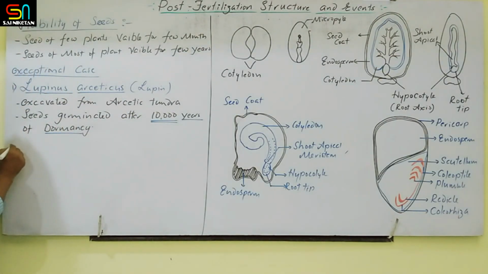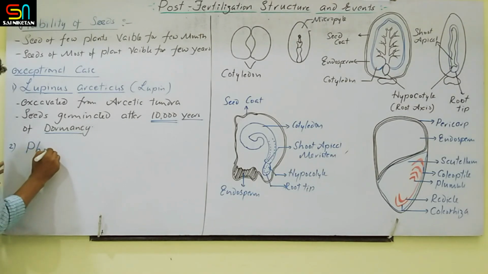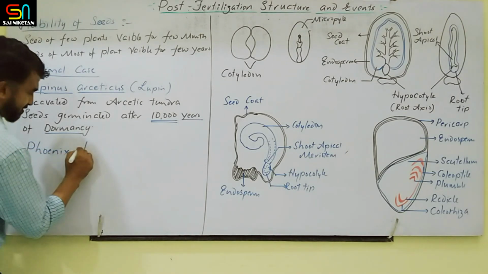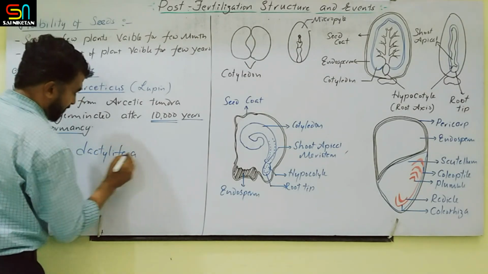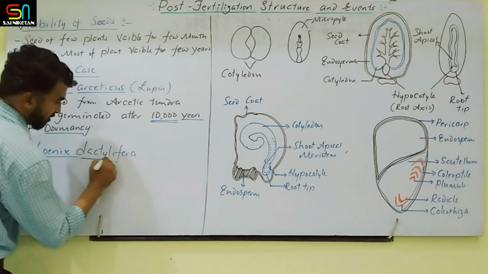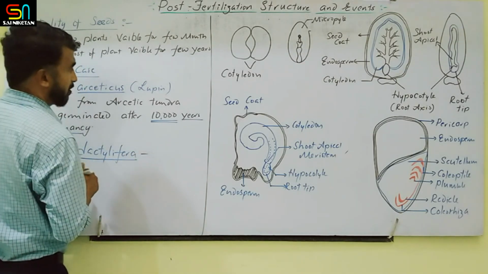Second example, Phoenix dactylifera. One more name is given, Phoenix dactylifera.